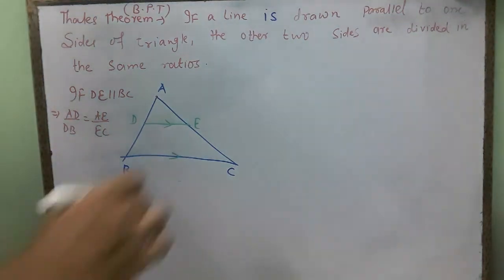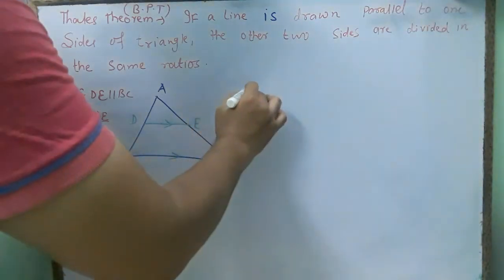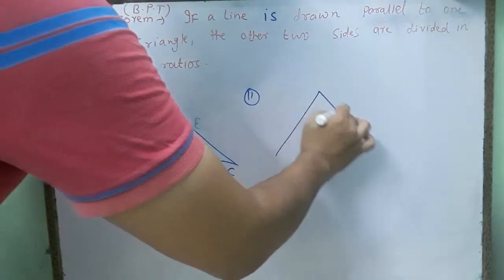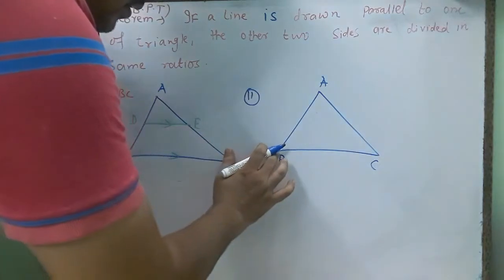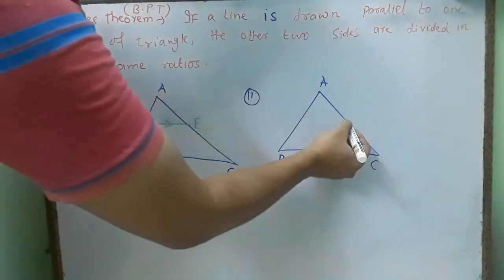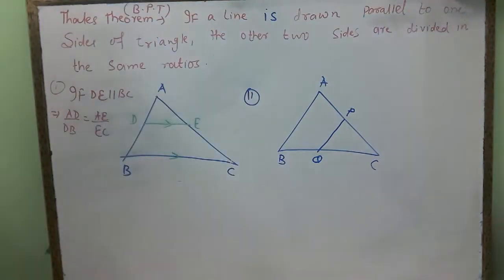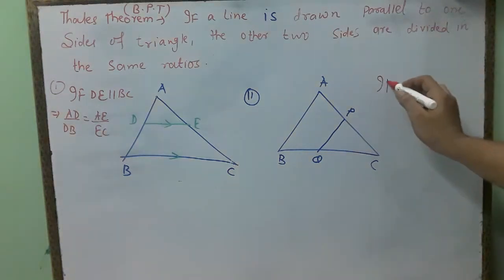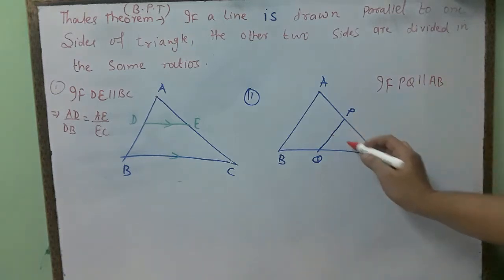Second thing is that, suppose I have drawn a triangle ABC. Now I will draw a line parallel to AB, that is PQ. If PQ is parallel to AB, then the ratio will be taken just opposite to this vertex.